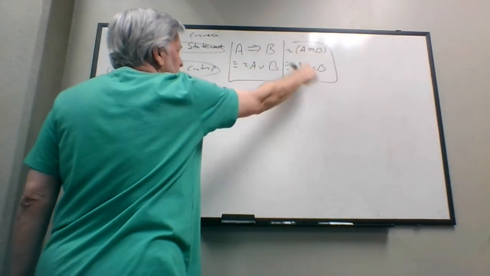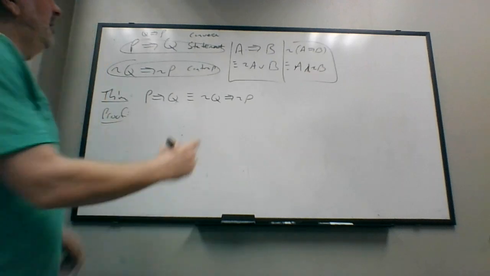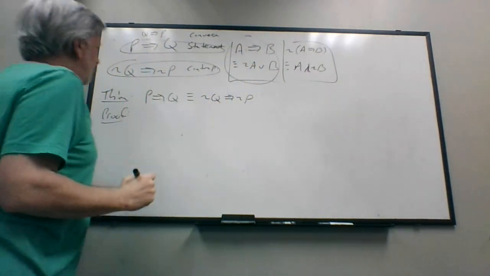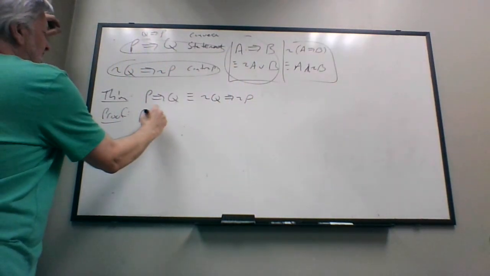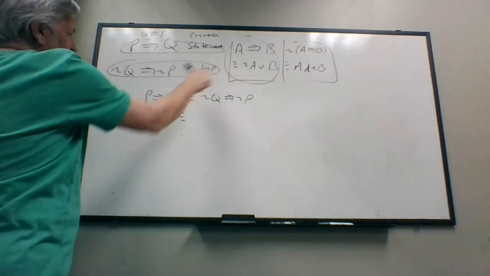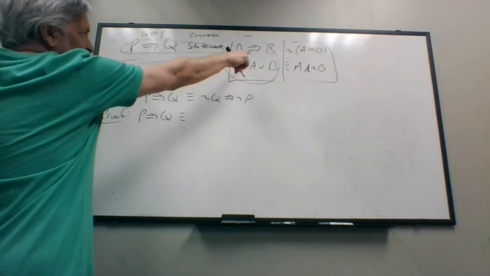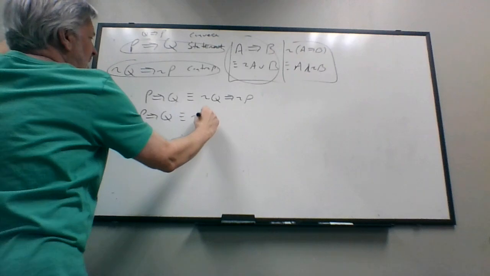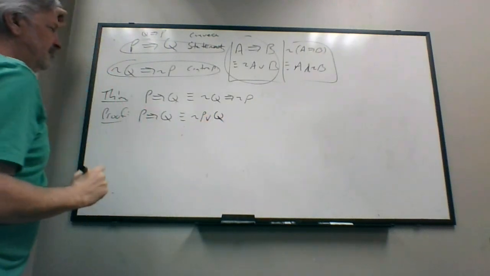Okay, but this is the one we're going to use here. So let me start with P implies Q. From this, A is P and B is Q. That's equivalent to not P or Q.